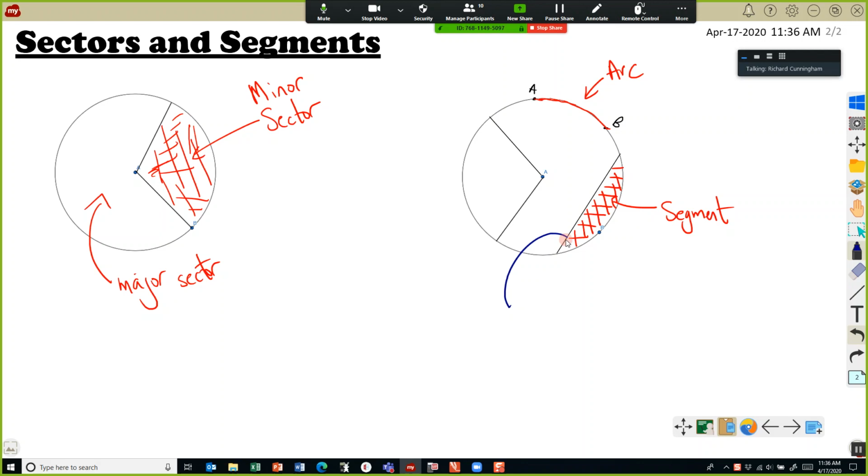Anybody know the name of the line? No, that's not a tangent. Yep, this is a chord, and just this one.